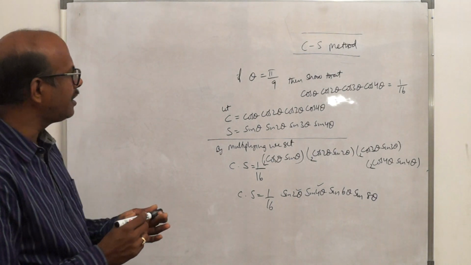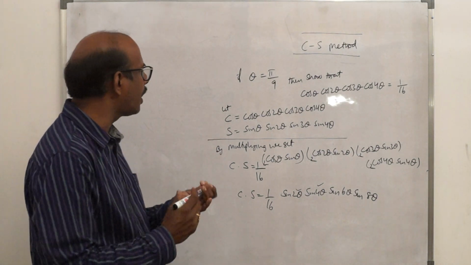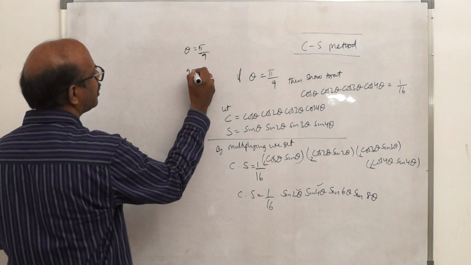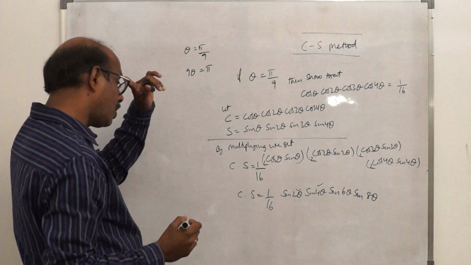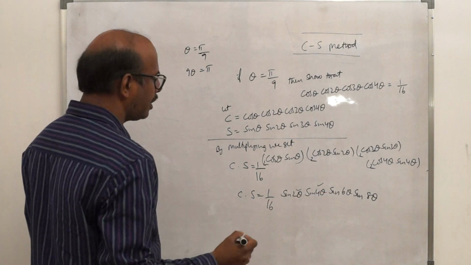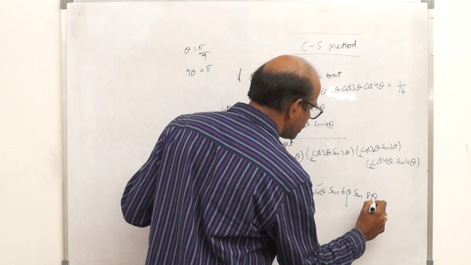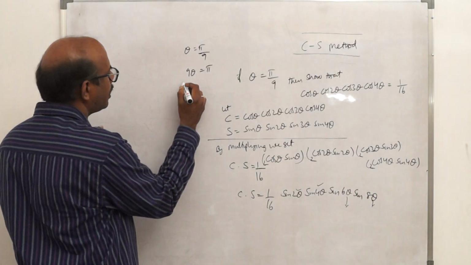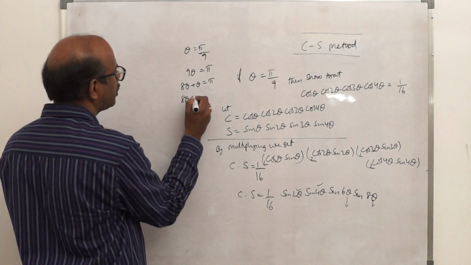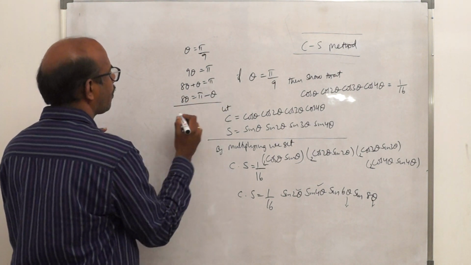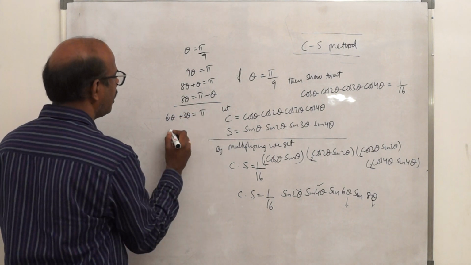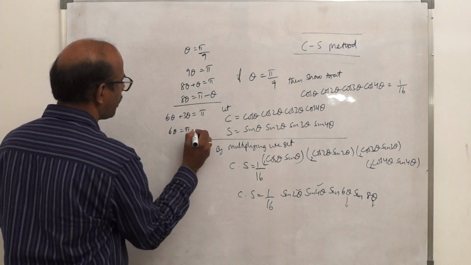As theta is pi by 9, 9 theta equals pi. Now without disturbing sin 2 theta and sin 4 theta, I take 6 and 8. 8 theta plus theta equals pi, so 8 theta equals pi minus theta. Similarly 6 theta plus 3 theta equals pi, so 6 theta is pi minus 3 theta.